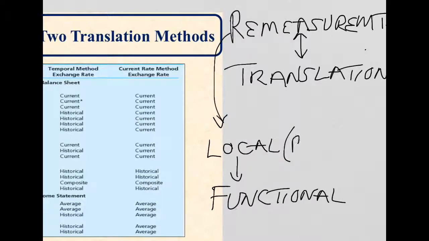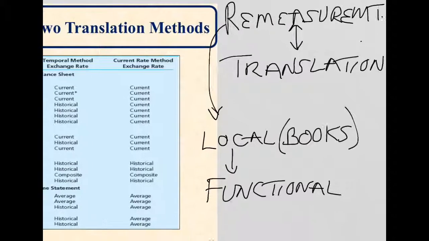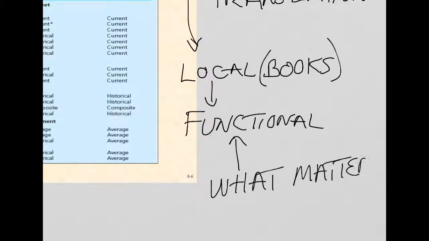So the local refers to the books, how the books are kept. Functional refers to, and you can take a look at the textbook, the definitions are somewhat tough to get your arms around, but the concept of functional is what matters to the company, what denomination really matters to the company. If they quickly are moving the local currency into a different currency because that's the currency they are really concerned about, then that's your functional currency.